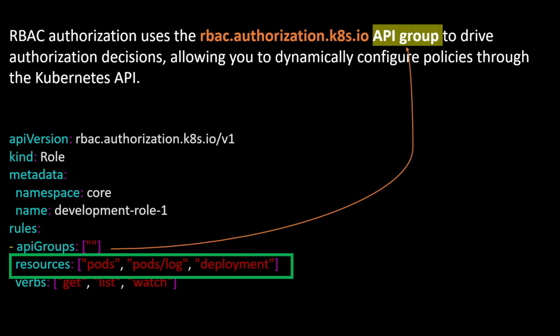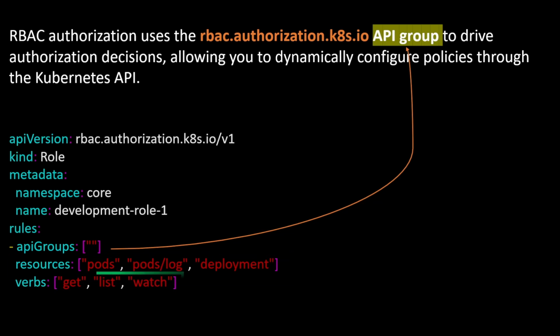In this case, the user can access pods/log and deployments. You may define whichever resources are required. The last array is verbs, managing permission through verbs. We tell Kubernetes what the user can do on these resources. For example, the user can get, list and watch the objects only.